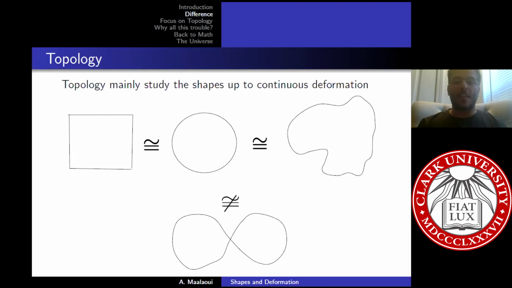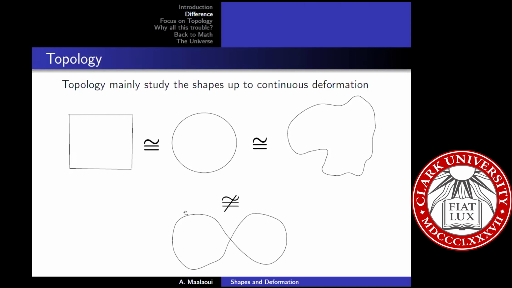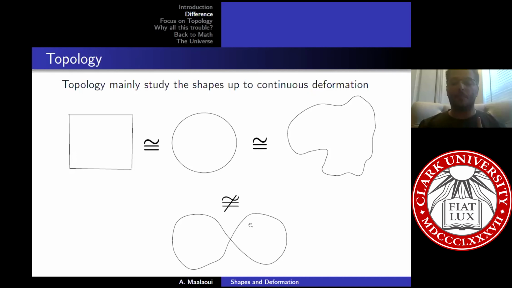Because think about it as blowing air inside the object, so these corners on the side will smoothen out and eventually become a circle. But for topology, those three objects are not the same as this weird eight-shaped object. You cannot deform a circle or this square to this object.